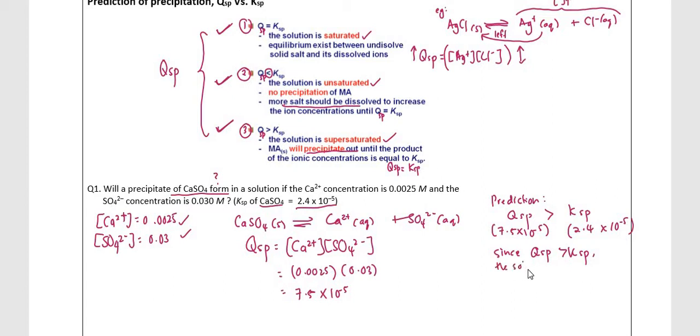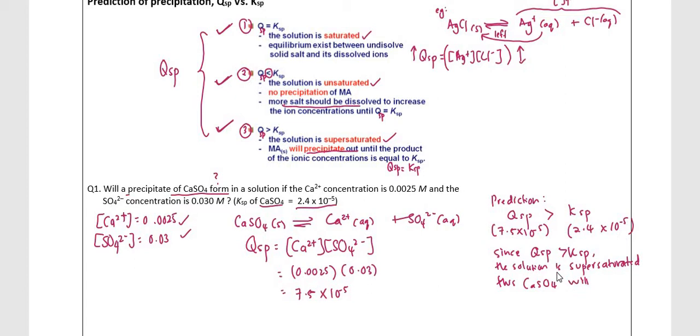The solution is supersaturated. When you say supersaturated, it means you can answer the question: will a precipitate form? Yes, calcium sulfate will form.